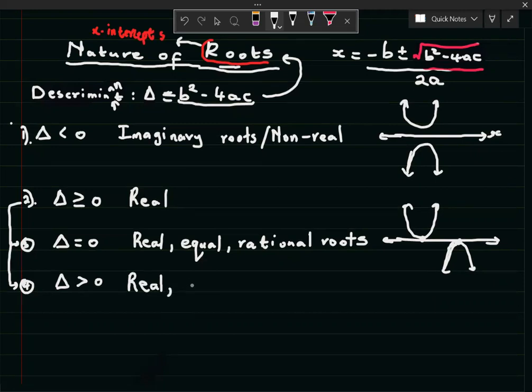And then our roots, since we are going to be adding and subtracting a number that is not 0, our answers are going to be different. So we're going to have unequal roots, and then they are either going to be irrational or rational. I'll explain how to see the difference.